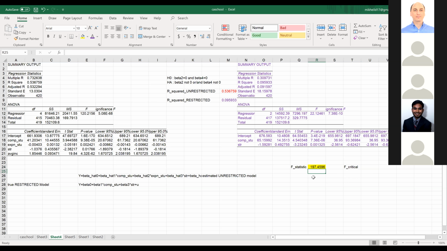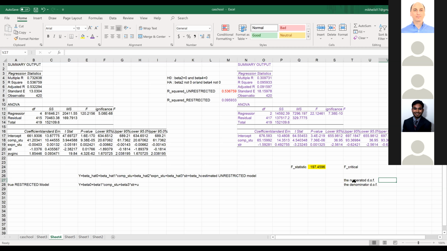Okay, now we have to see what the F critical is. For F critical, we need to know the numerator degrees of freedom, and we also need to know the denominator degrees of freedom.